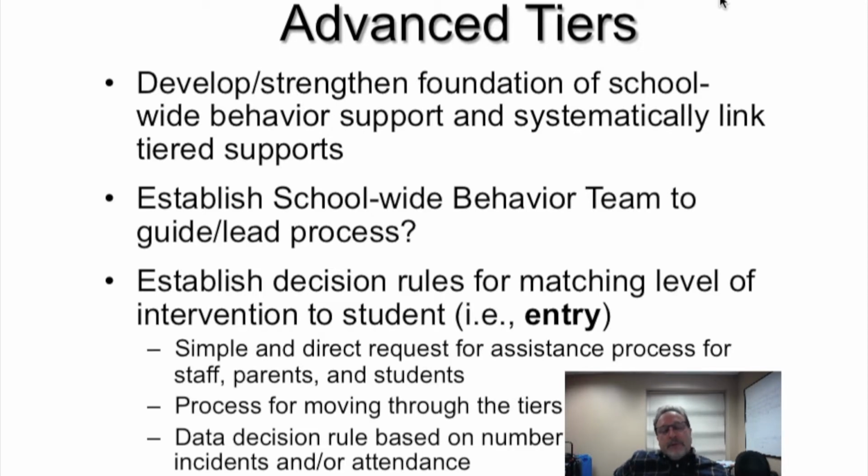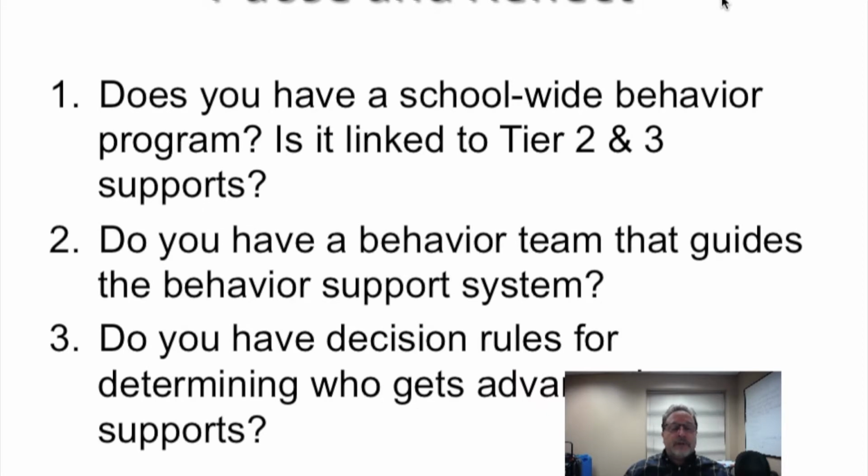It's completely appropriate and recommended that if you have good data to say that what a student needs is more tier 3, maybe not individualized, but tier 3 intensive group based interventions, then by all means move to that level sooner than later. Anyway, small digression, but take a look at all the tiers in the behavioral domain, make sure things are intact, and then have someone or a group of people that are looking at that system and making sure things are working well.